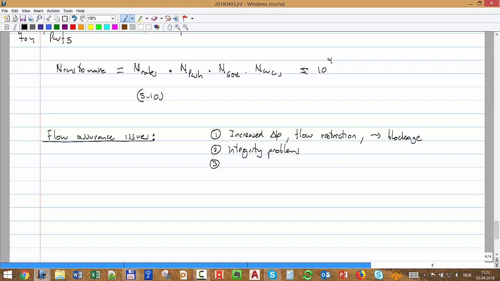And the third one is loss in functionality of components, for example a valve that gets clogged, that cannot close or cannot open. So these are the three effects that these issues cause.